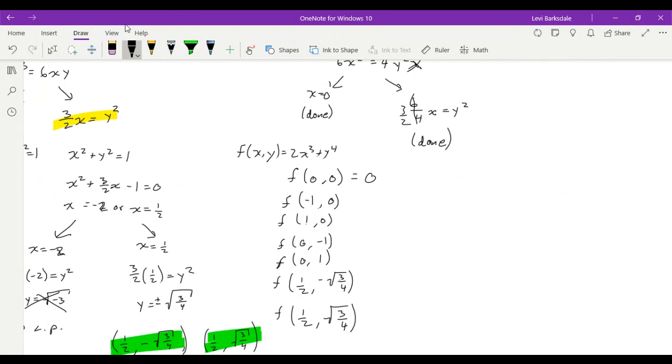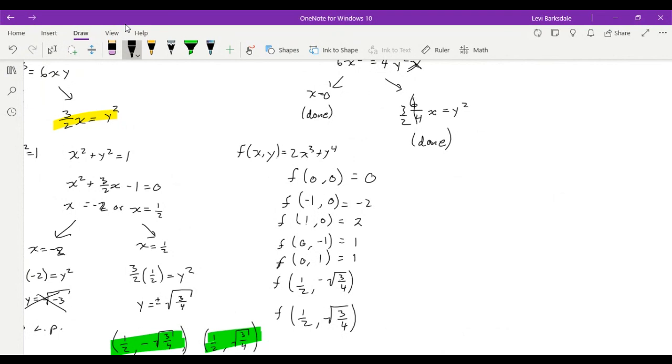Then we can see precisely what these function values are. f of (0, 0) gives us 0. f of (0, 1) gives us 1. f of (0, -1) gives us 1 as well. f of (-1, 0) gives us -2, and f of (1, 0) gives us +2.